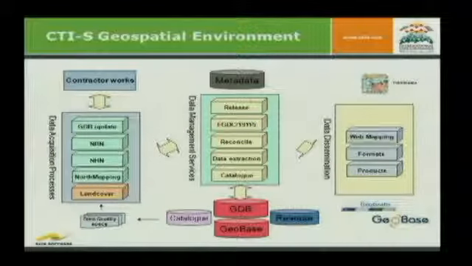At the dissemination level, it's how we produce our products and also the web mapping. For the data acquisition process, we have different processes that produce the data, and most of the work is done by contracting out the work.